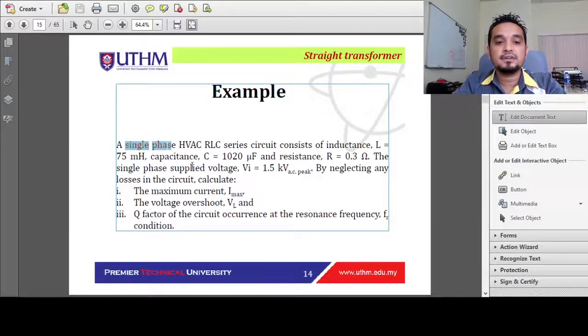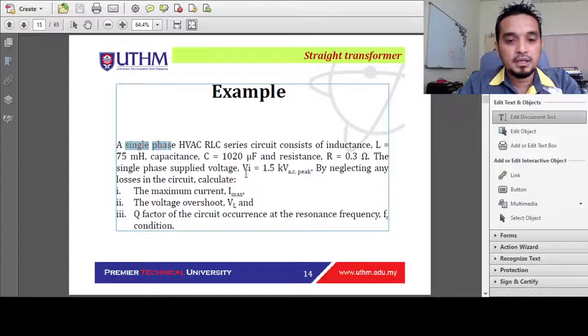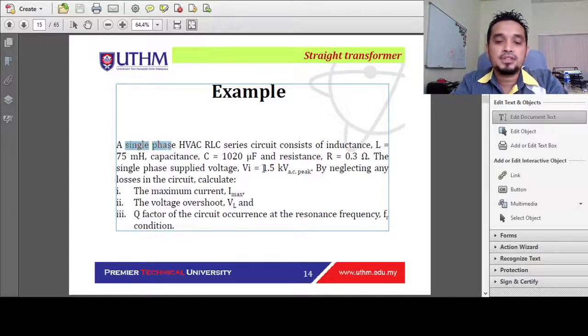The single phase is supplied with the voltage Vi equal to 1.5 kV AC peak. So this value we normally need to convert into RMS. By neglecting any losses in the circuit, calculate the maximum current, Imax.